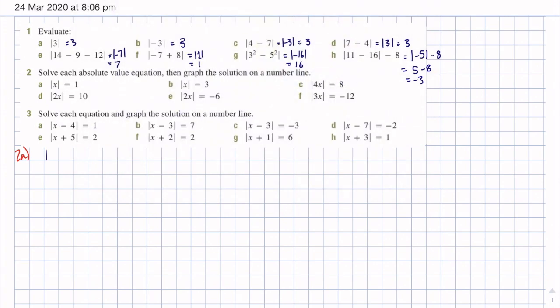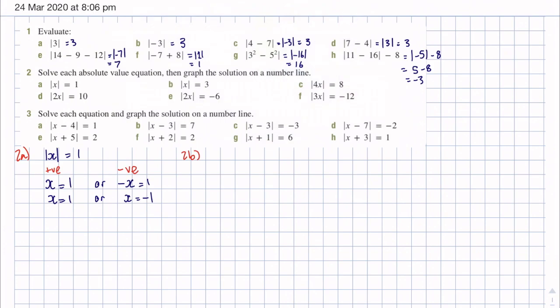So the question is saying the absolute value of x equals 1, which means positive x equals 1 or negative x equals 1. So, well, positive x equals 1 is already x equals 1, or x equals -1. There are two answers for 2a, because the thing inside the absolute value sign could have been a positive or a negative.